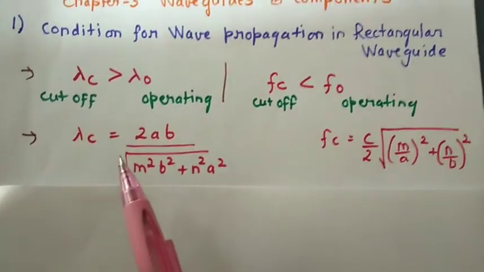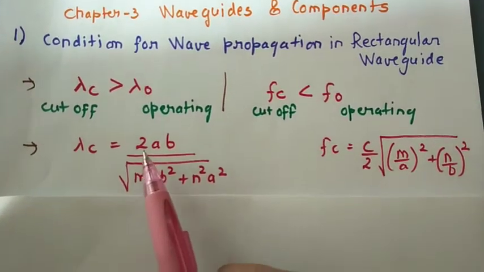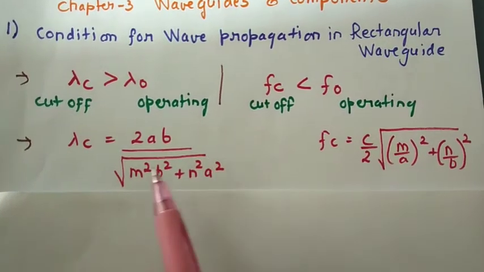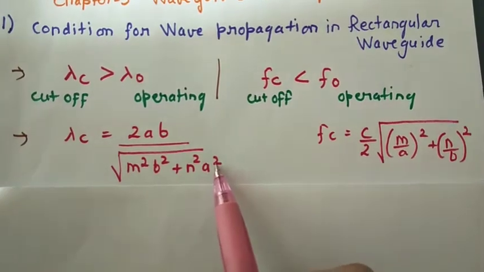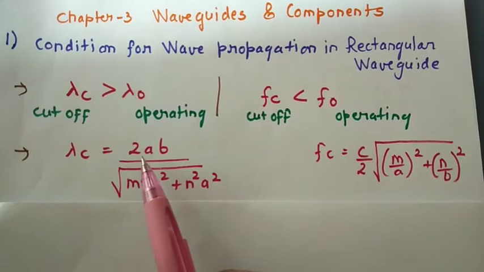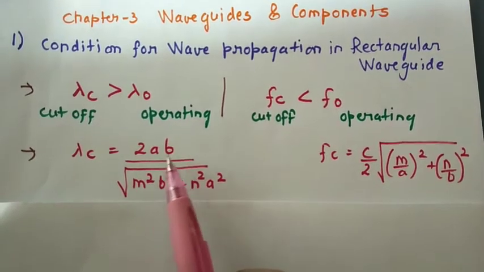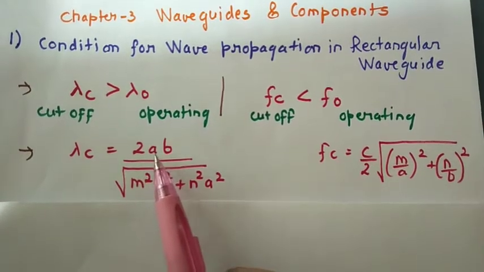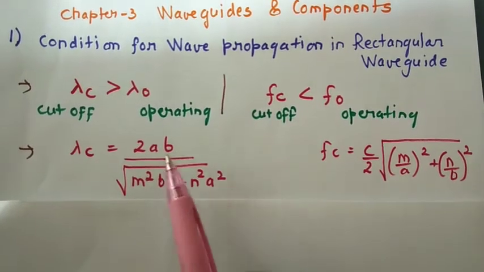Now, the formula for this cutoff wavelength is 2ab over square root of m square b square plus n square a square. In the last session you have already been told that a and b are the dimensions of the rectangular waveguide, where a is the width of the waveguide and b is the height of the waveguide.